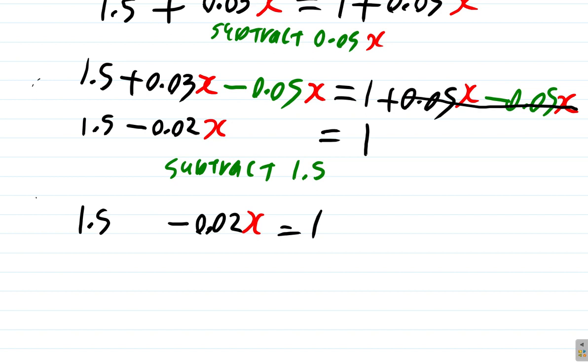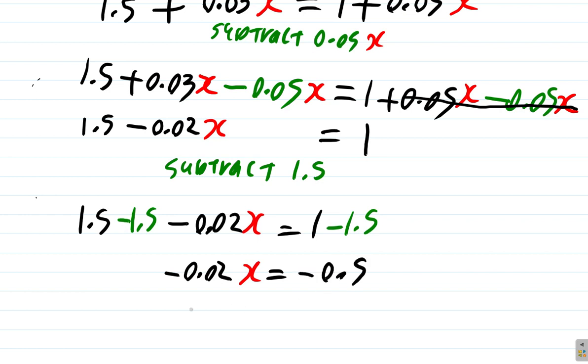But you say you're minusing 1.5 from the left, you must minus 1.5 from the right as well. Here 1.5 minus 1.5 is how much? 0, so that's gone. So you have negative 0.02x here equals 1 minus 1.5 is negative 0.5. So negative 0.02x equals negative 0.5.